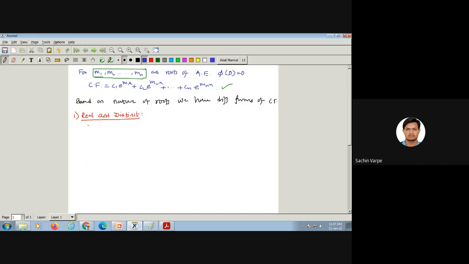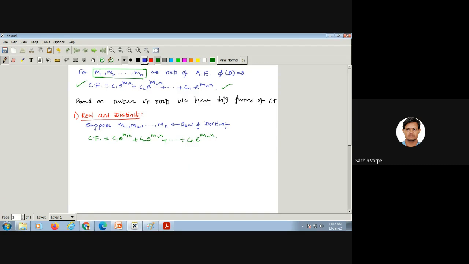So suppose we have the roots m1, m2, and so on, mn are real and distinct roots, then the complementary function is the same as we have discussed earlier, that is CF is equal to C1 e to the power m1x plus C2 e to the power m2x plus and so on Cn e to the power mnx.